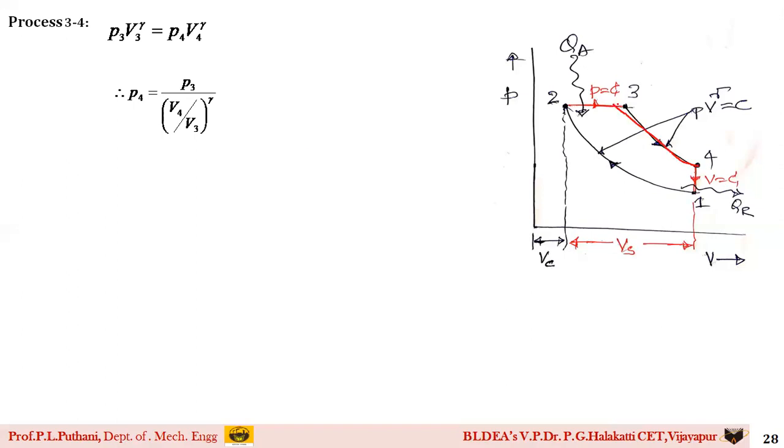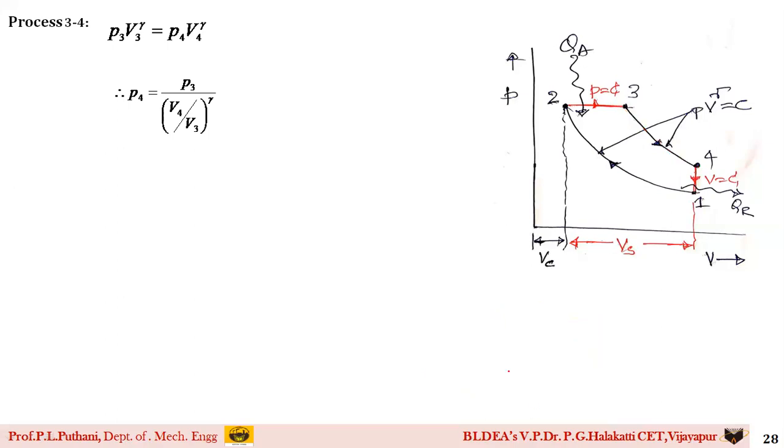The piston displacement from 3 to 4 gives the ratio that we call the expansion ratio, RE is equal to V4 by V3. Even this expansion ratio I can write in terms of the cutoff ratio and the compression ratio, that is RE is equal to RK by RC. I can write it in this form also.